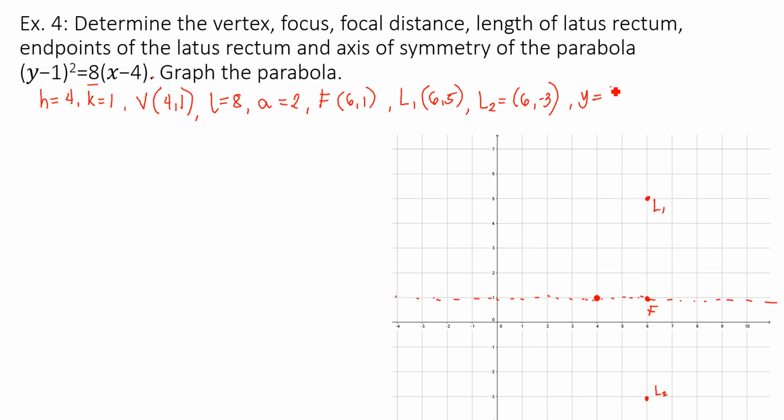And of course, since the distance of the focus to the vertex is equal to the distance of the vertex to the directrix, then this would be our directrix, assuming that it's a straight line. So our directrix has an equation of x equals 2.